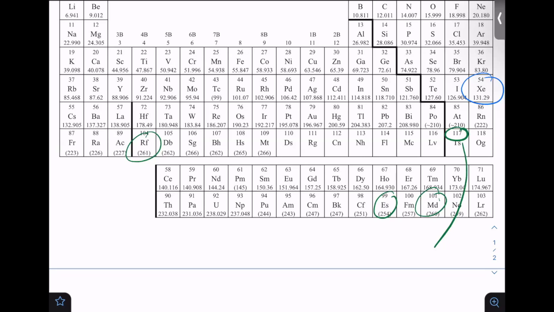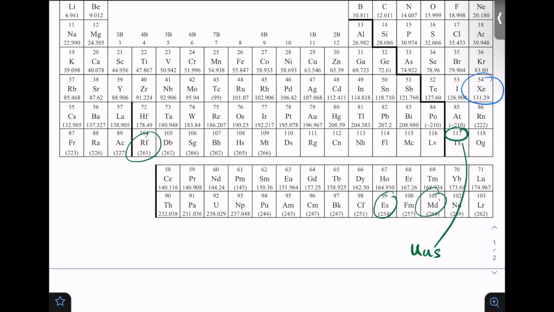Now, I bet nobody knows what Uus stands for. It's Latin, and it stands for ununseptium. I had to look it up, all right? It's an element that has yet to be discovered that has an atomic number in this case of 117, ununseptium. The one that's 117 that hasn't been discovered yet.